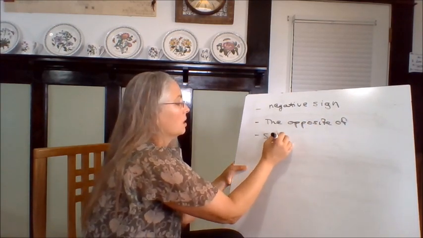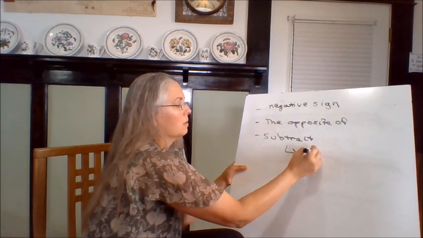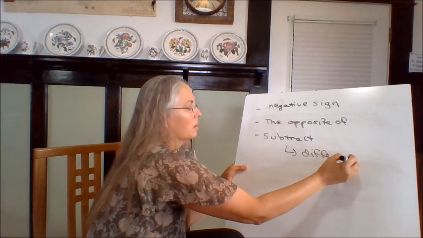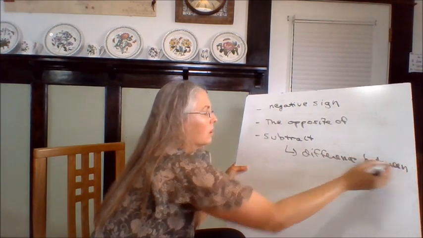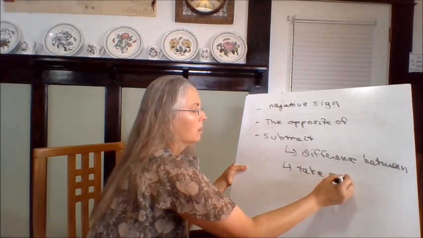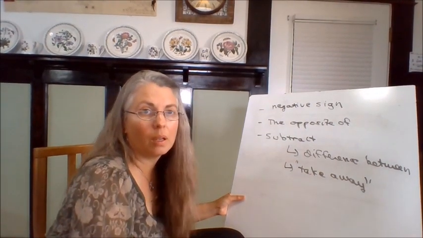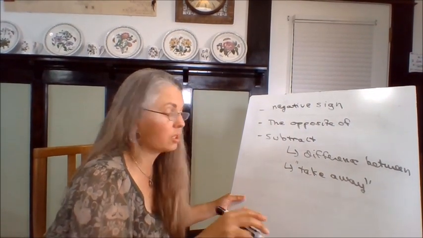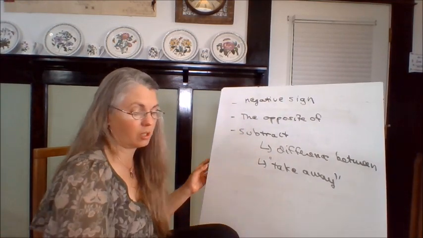It also means subtract. All right, what does subtract mean? It means difference between, and it means like take away. We have a whole chapter on subtraction and the rules of subtraction and where they come from, but this is just a short introduction.